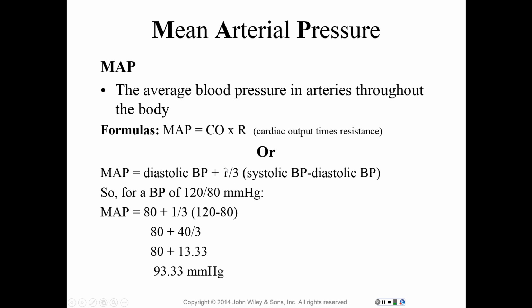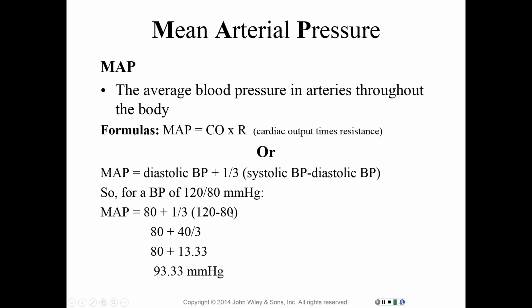If the 1/3 freaks you out, just remember that 1/3 of this value is really this value divided by 3. Sometimes students feel a little bit better if they don't see that fraction sitting in front of them. It's formulated the same way. So if you've got a blood pressure of 120 over 80, 80 is the diastolic, so that goes in the first spot. Then it's 1/3 of systolic minus diastolic.